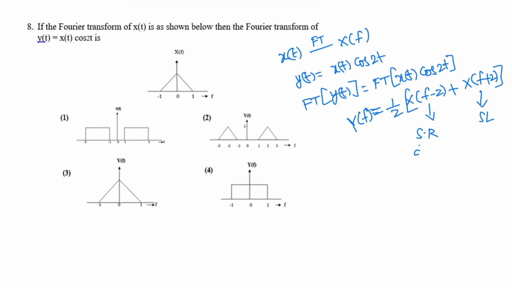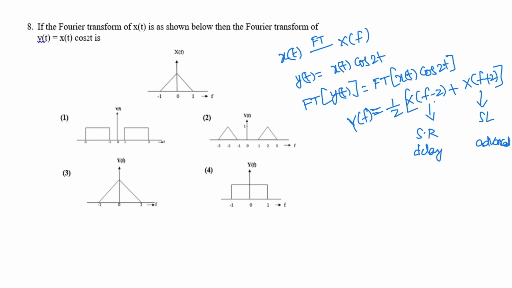Here it is a delay in the signal. The signal is delayed by 2 units and the signal is advanced by 2 units. In this case, X(f plus 2) is a left shift or signal advance. X(f minus 2) is a right shift or delay in the signal.